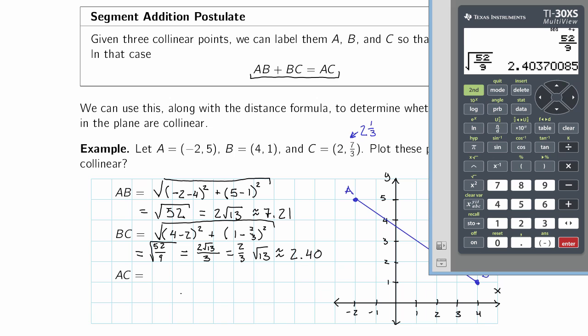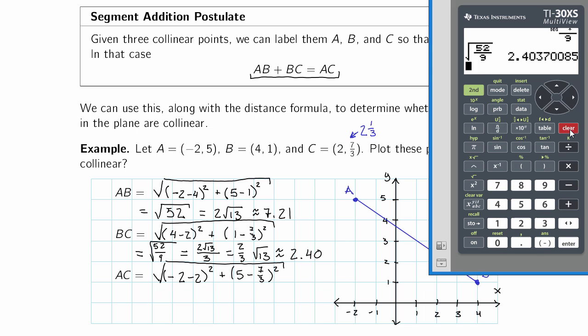Okay, what about AC? Same thing. Difference in the x's, so -2 minus 2 squared, plus difference in the y's, so 5 minus 7/3 squared. Take the square root. So -2 minus 2 squared plus 5 minus 7/3 squared gives us 208/9.